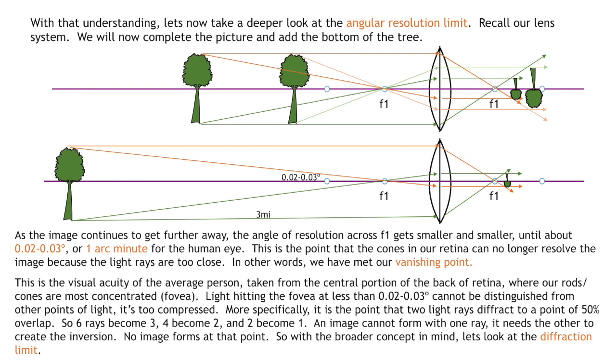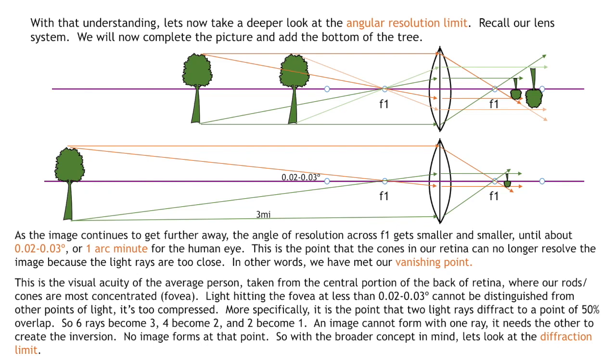The cones and rods on our retina, especially near our fovea, which is the central point where light is most easily resolved, the highest concentration of our rod and cone cells, and then it's transmitted through our optic nerve back to the visual cortex.